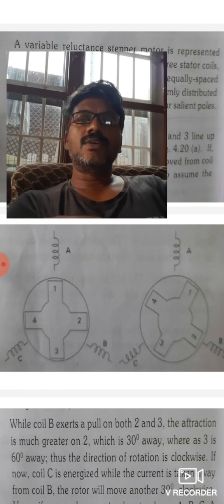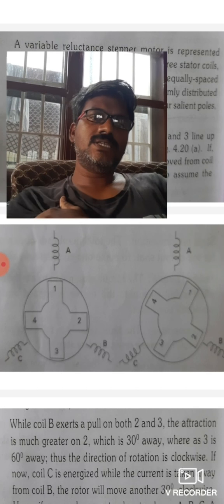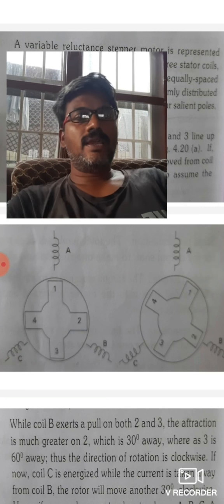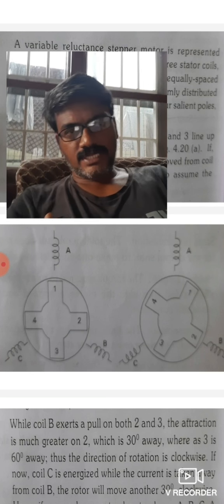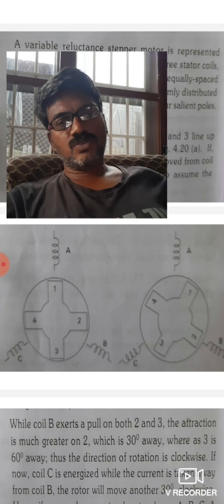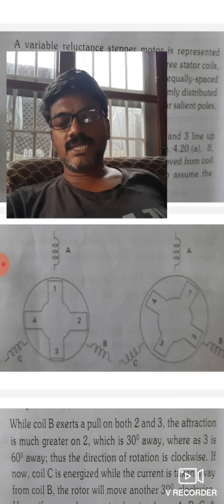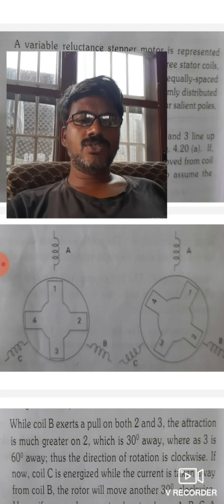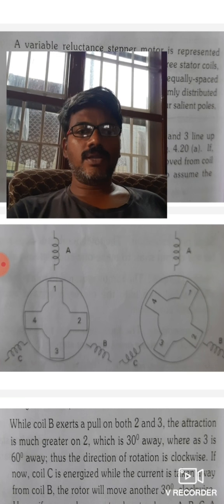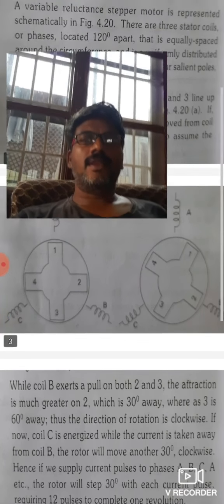Now if it is the 8-pole machine with 3 phases, then for each excitation the rotor will rotate only 15 degrees. So it requires 360 by 15, that means 24 pulses are required for one complete revolution.